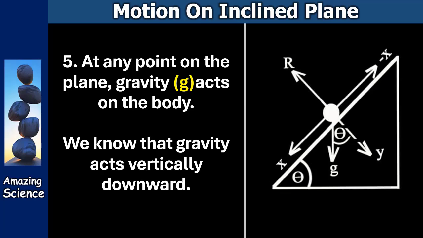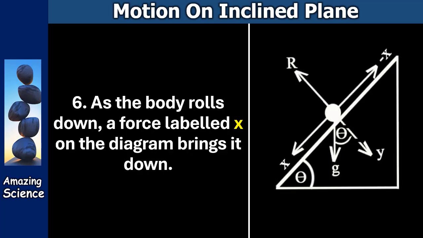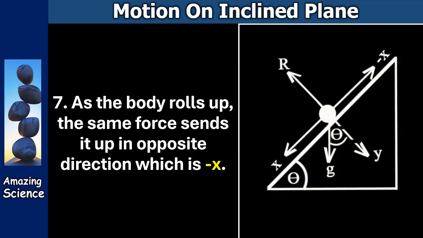As the body rolls down, a force labeled X from the diagram brings it down. Also, as it rolls up, the same force sends it upwards, but because it is in the opposite direction, the magnitude of the force is minus X.